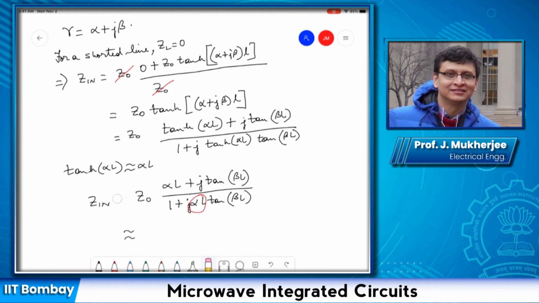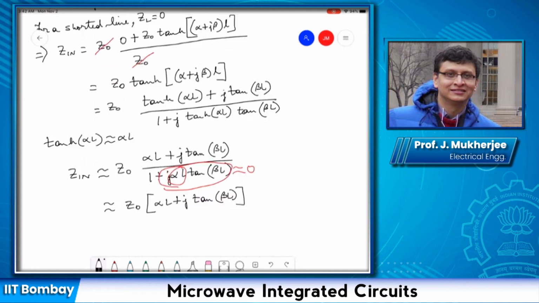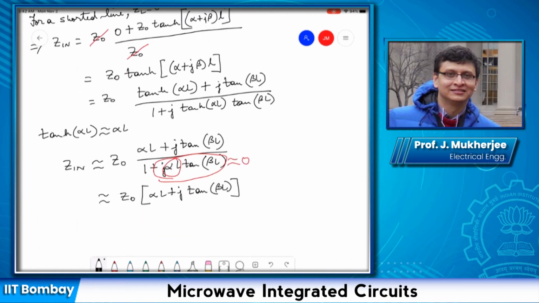So it should be an approximation sign here. As if this alpha L term is small, then this entire term itself can be considered to be 0, and so then this becomes, so this is a very simple form. It is like an R plus jX form actually.